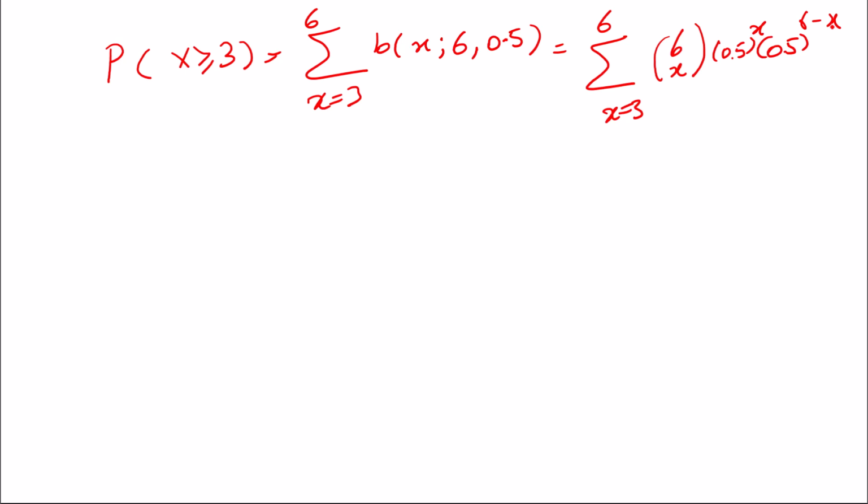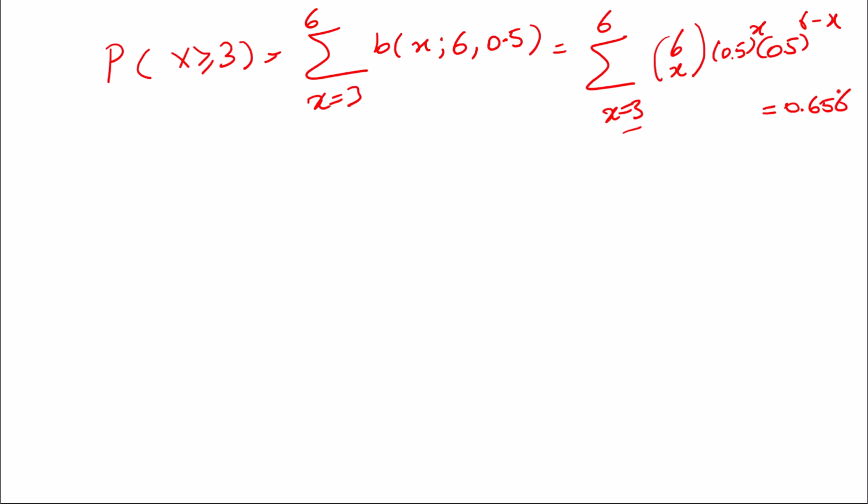And if we do all these calculations, each time, so one time you calculate for 3 like I did for the previous one, next time you do it for 4, next time for 5, and next time for 6. And if you do all this calculation, then you will get something like 0.656.